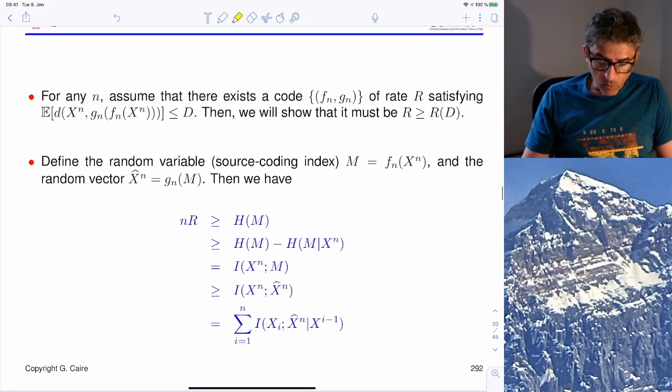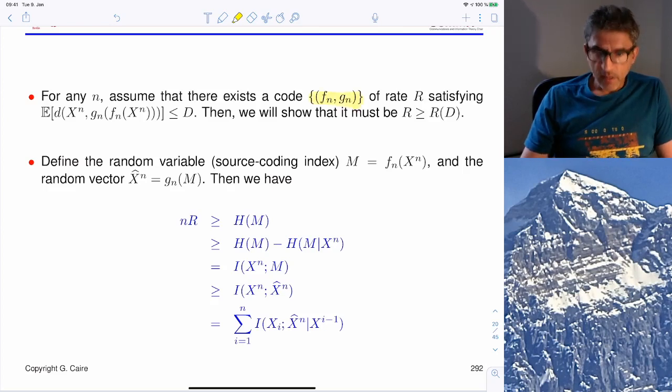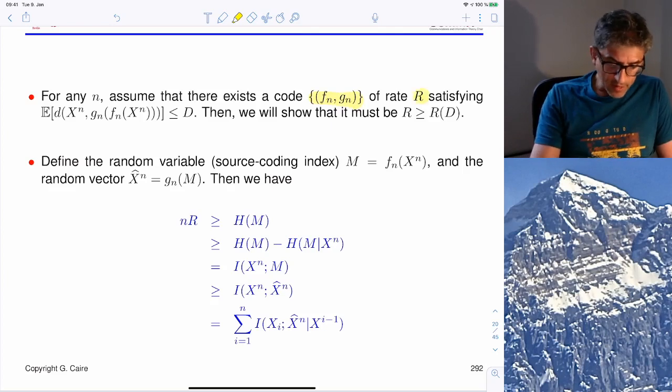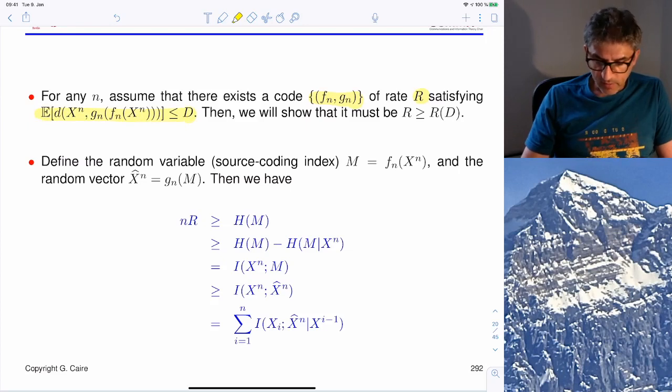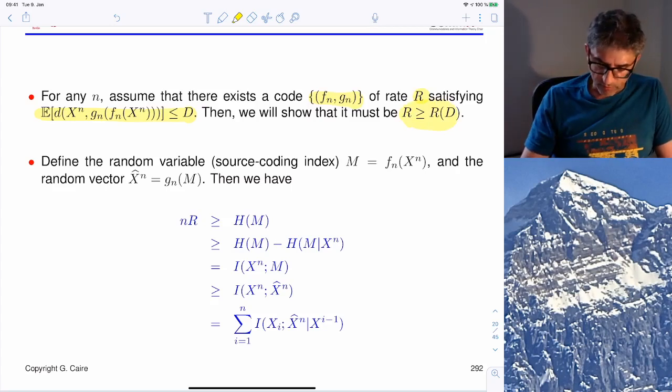So at this point, as I said, we assume that we have a sequence of codes Fn, Gn, of rate R, satisfying that the distortion is not larger than D. Then, through a sequence of inequalities, we are going to conclude that the rate must be greater or equal than R of D, which is exactly this minimum of the mutual information between X and X hat.